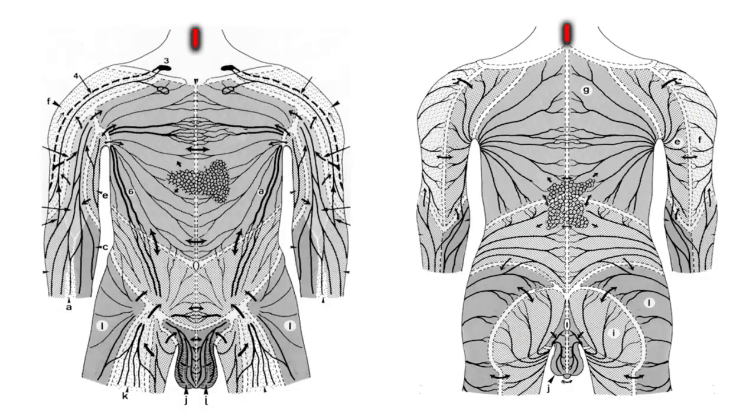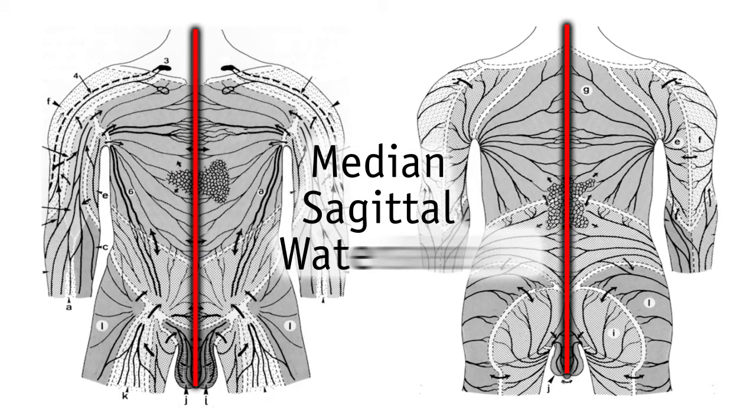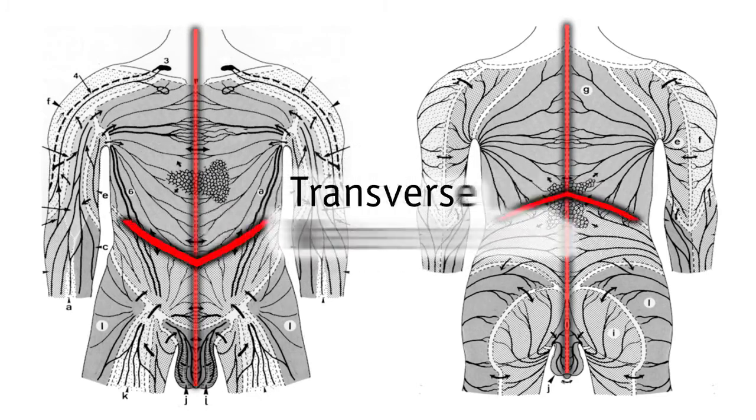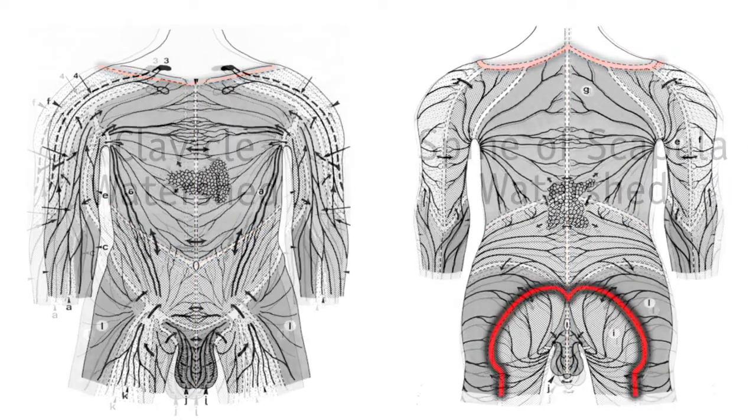I haven't gone into great detail about this because this is an introduction. But what we do have in the body is what we call lymphatic watersheds. These watersheds separate the regions of drainage from one part of the body to the other. So instead of the fluid going all into one place, we have it sectioned off.